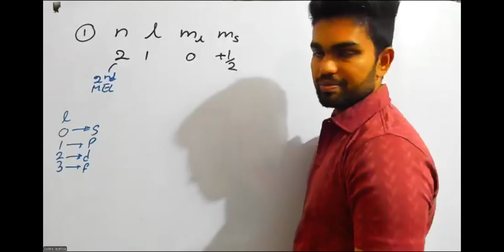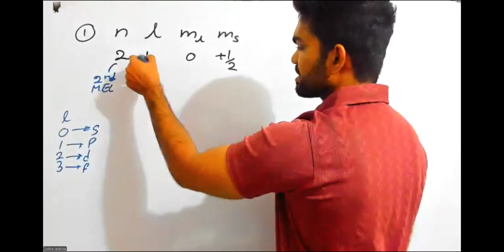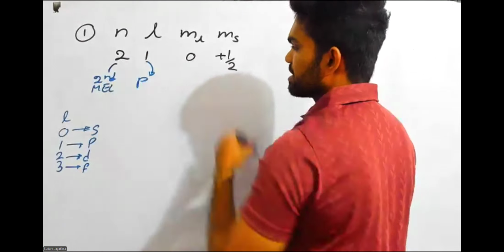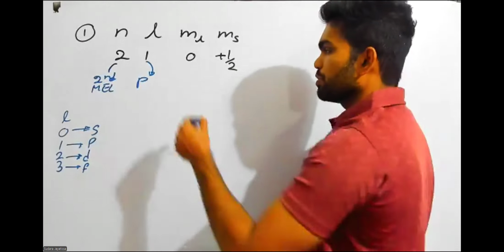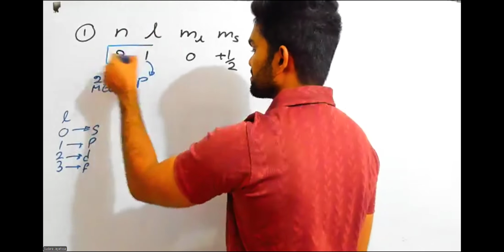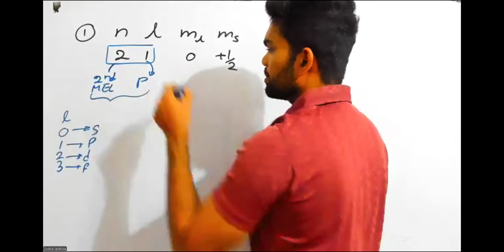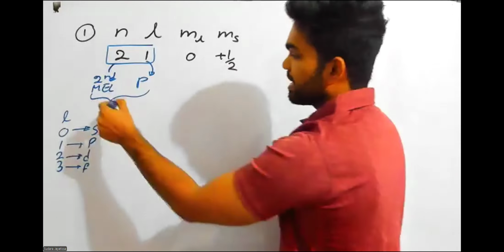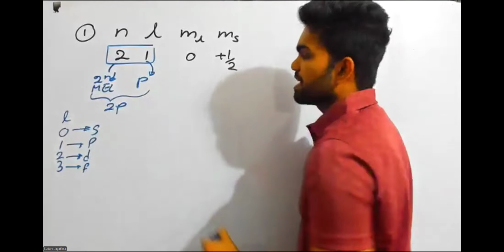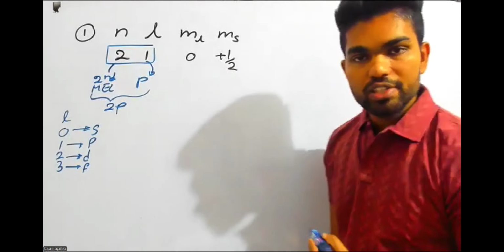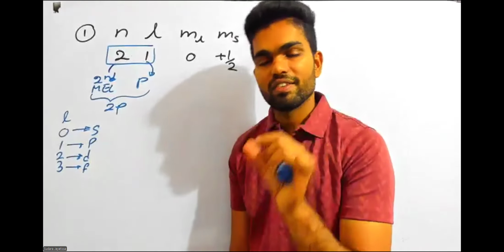Here it is 1, so p sub-energy level. If you put these two together, it will exactly tell you which sub-energy level. It is a 2p sub-energy level electron. Understood, Lamai? That's where the question lies.